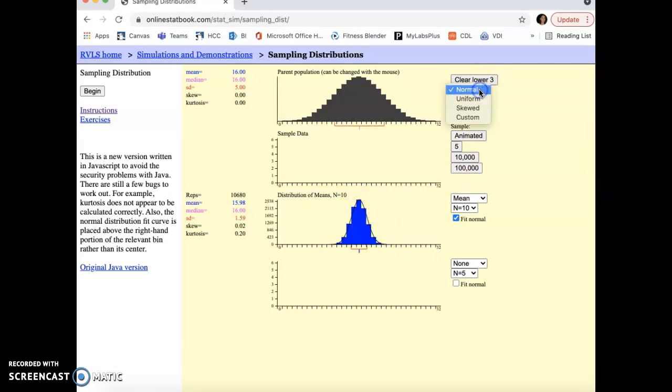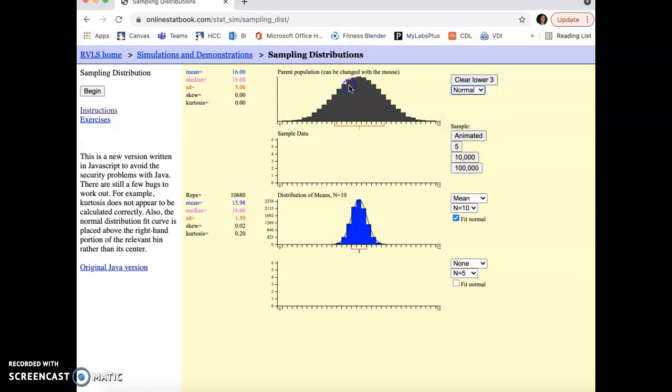It's when this is something else, some skewed or other type of distribution up here, that you need to absolutely make sure your sample size is large enough, because this will mimic this up to a certain point. So this is going to mimic a normal curve no matter what.